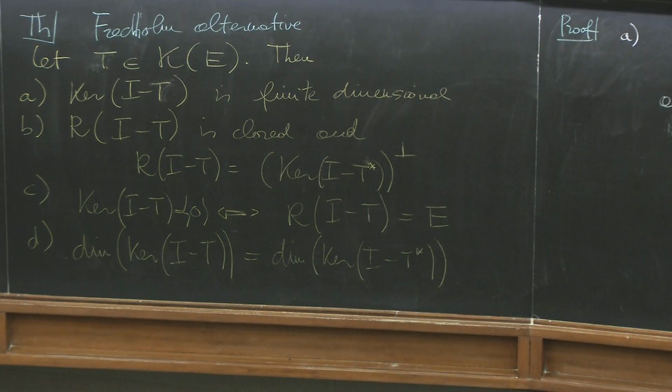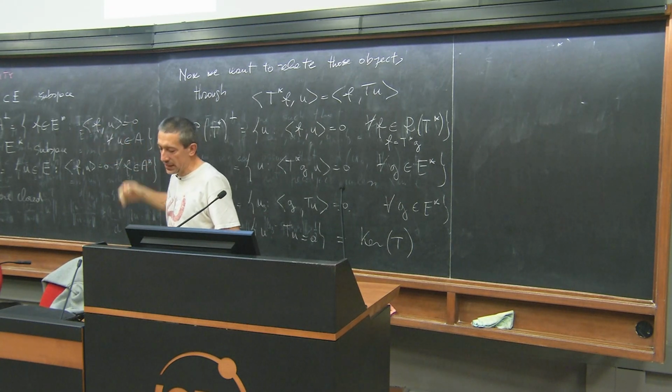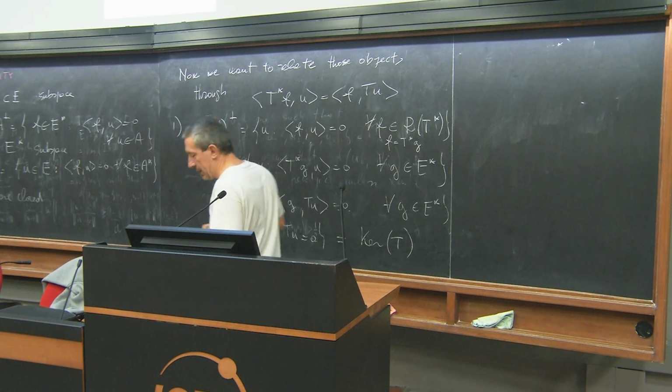So I want to show that property B is complete. The second part is trivial, or is a consequence of more general facts. And for point B, the only thing you have to prove is that the range is closed. Okay, let's do this guy here.